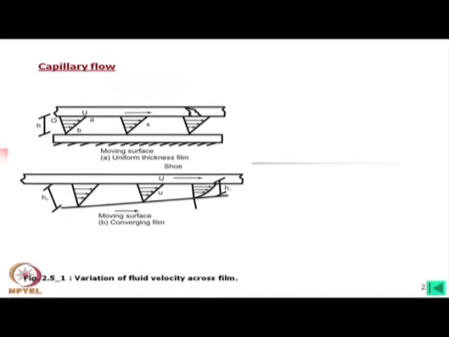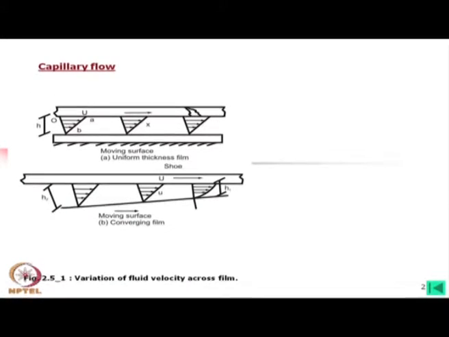Now, if we look into this figure, what we find at the top, on a parallel plate, another parallel plate is moving and the gap is h, and it is maintained throughout the plate.